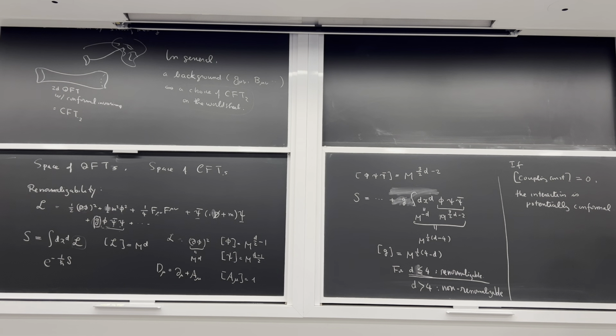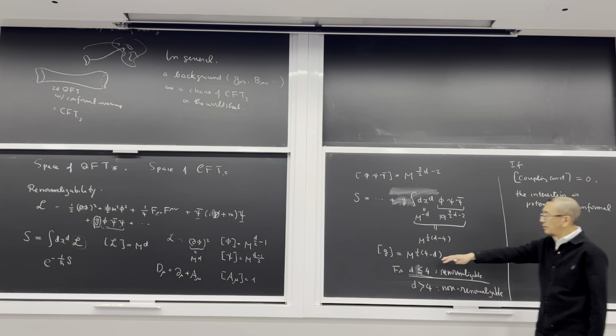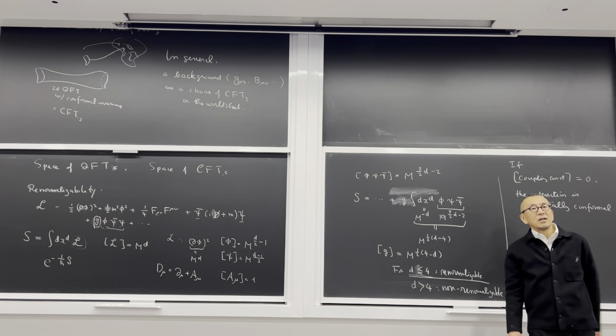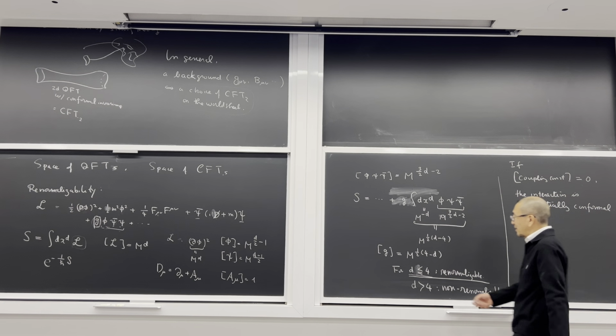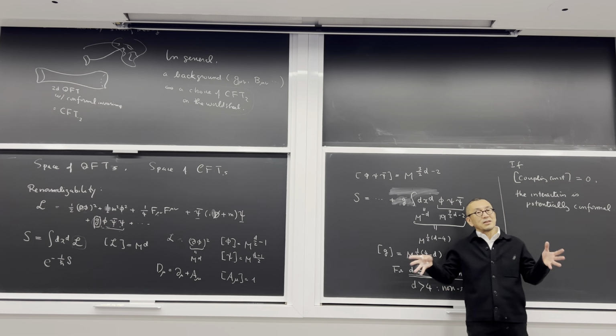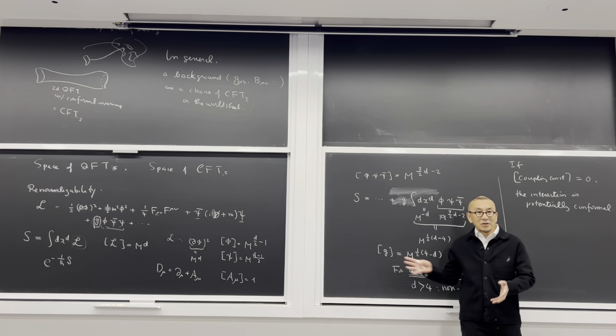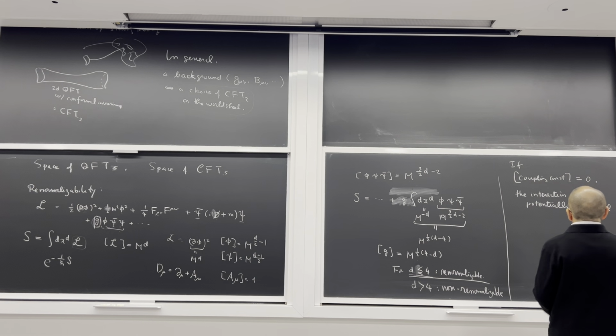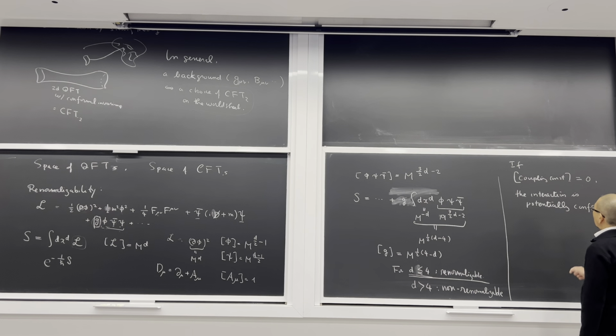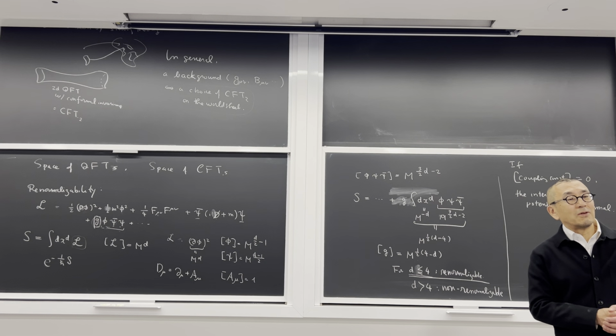Conformal means that it is invariant under scale transformation. If the coupling constant has a dimension of mass, if you change the scale of the theory, then the coupling constant has to scale. So it doesn't stay constant under renormalization. Therefore, such a coupling constant would not generate conformally invariant perturbation interactions. If the coupling constant has 0 engineering dimension, then there is a potential that such interactions are conformal.